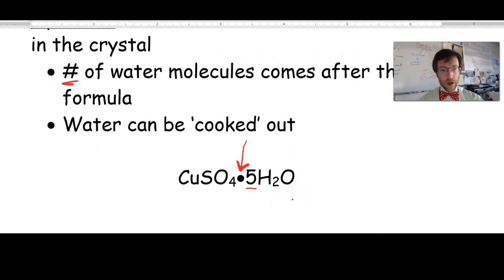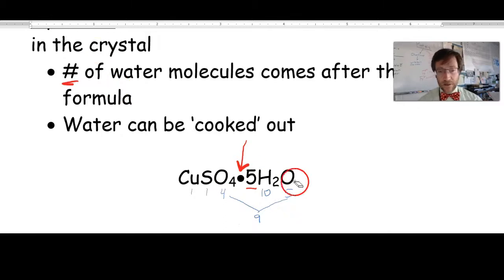Okay? Awesome. So what that means is if we do a count here, there's 1 copper, there's 1 sulfur. For oxygen, there's 4 here. There's 5 times 2, there's 10 hydrogens, and 5 times 1, there's 5 oxygens. So in all, there are 9 oxygens. Does that make sense?